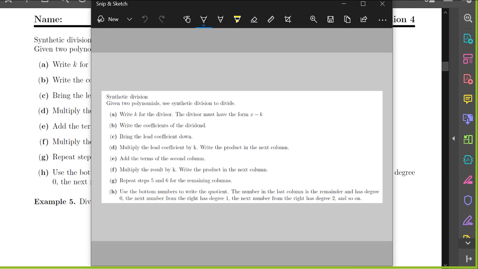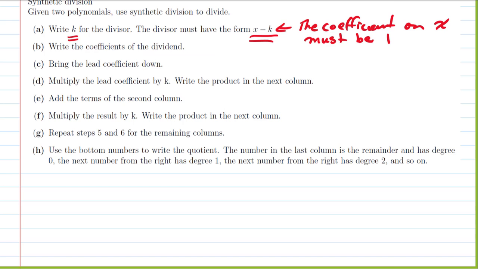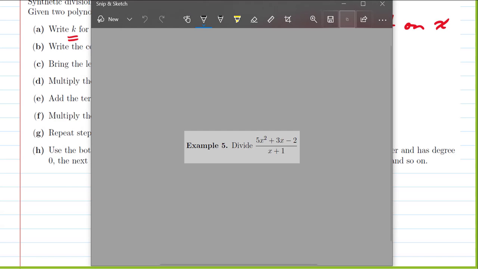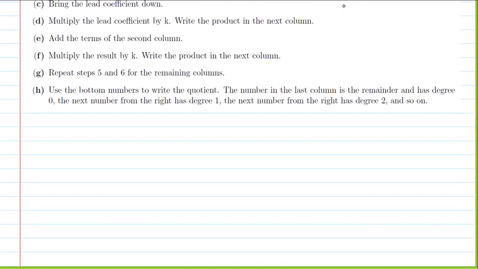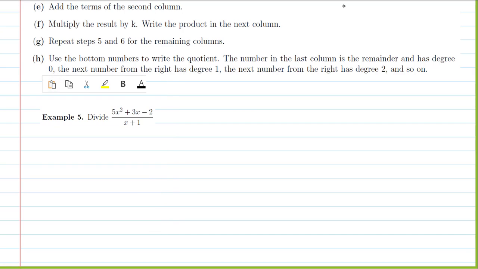So let's go ahead and do example number 5. The very first thing we want to do is identify our k. So we look at our divisor.